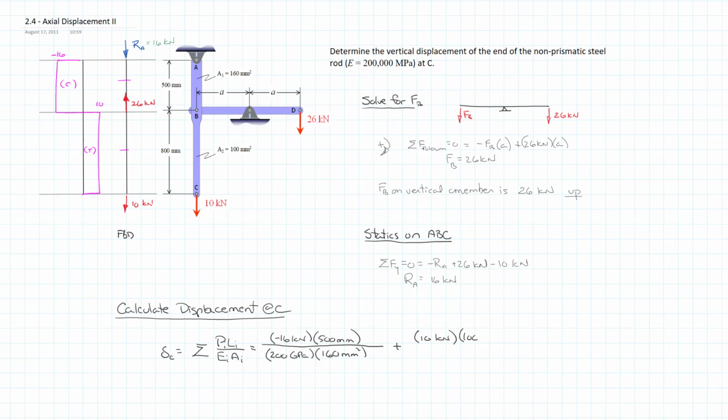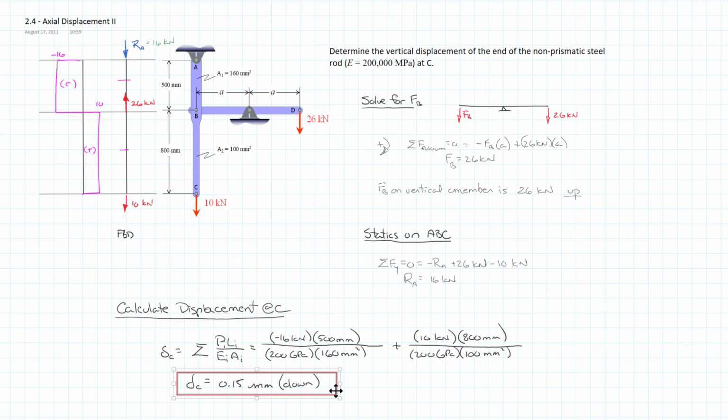Then we have the length over which it's applied, which is a bit longer, 800 millimeters. And then the E is the same, 200 GPa, but we have a smaller area of 100 millimeters squared. And so when we add all of that up, we can figure out that the displacement is 0.15 millimeters. And because of the sign, we know that it is going down, which is to say that it is an overall elongation.